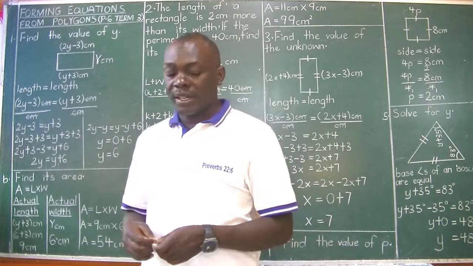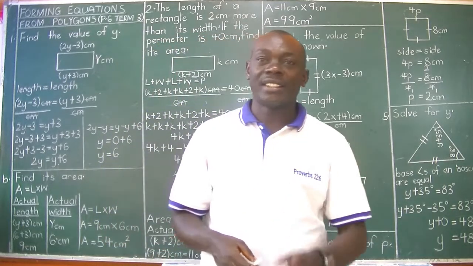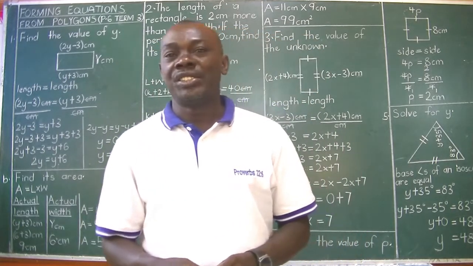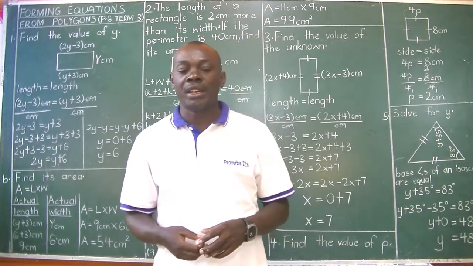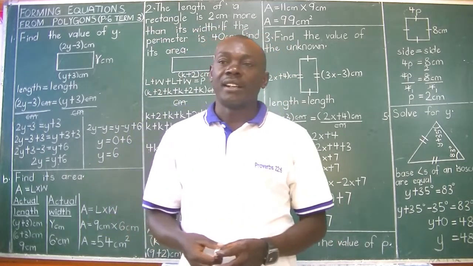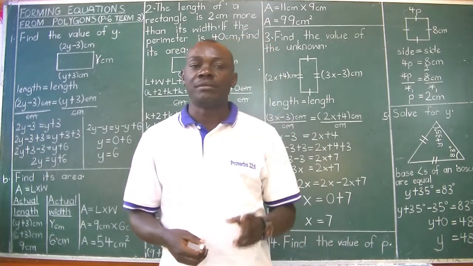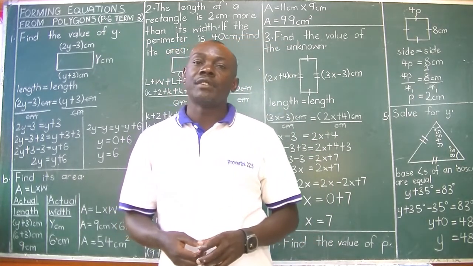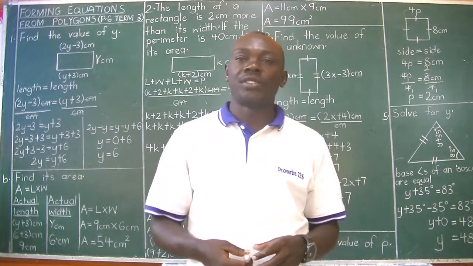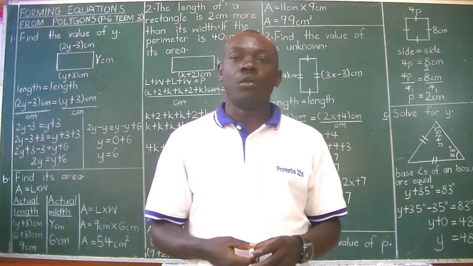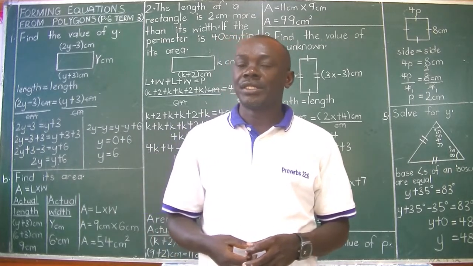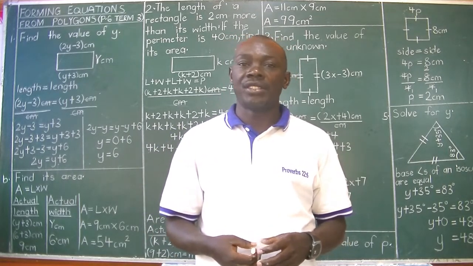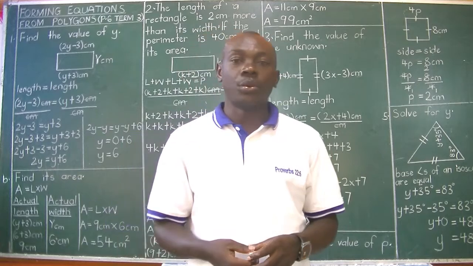term 3 work. And when you watch this lesson, it will be advantageous in a way that you will be able to answer these activities from these 2 pages of 119 and 120 of our workbook term 3, that is P.6 at Train Up Child Schools.